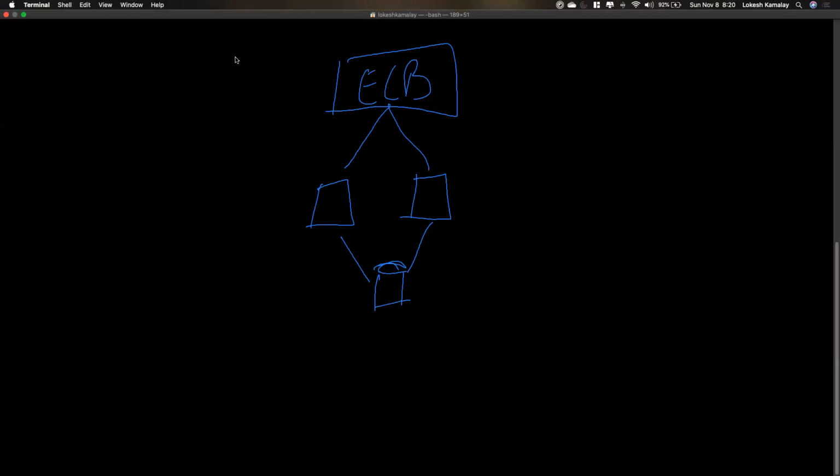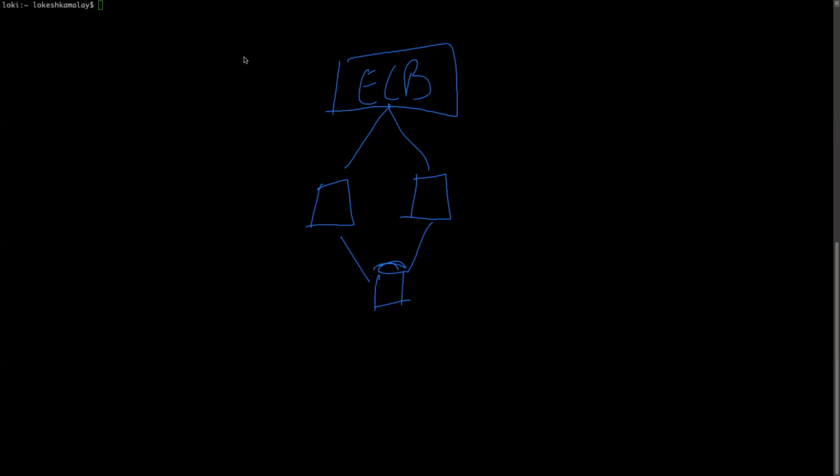So how is it going to help? Now if some user accesses my application, he will be connected to here, but the data will be stored here. So next time when he logs in, his session may go here, but the data will be coming from here, so he can see the same data.